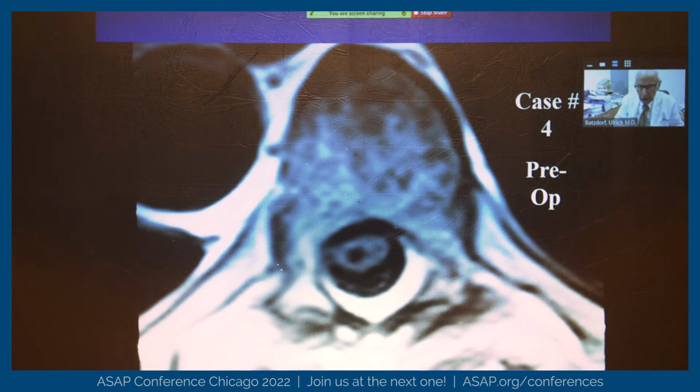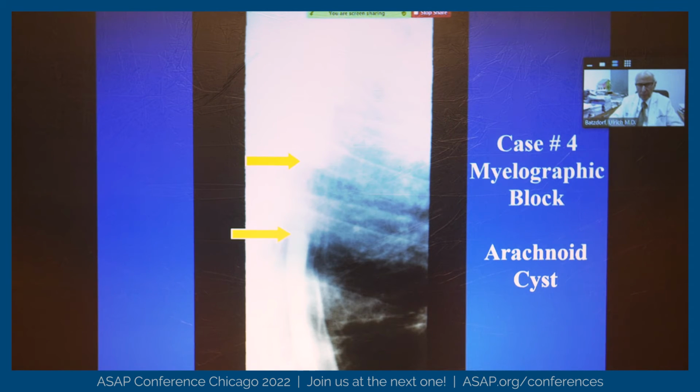Here, in contrast to the residual central canal, you can see that this is slightly irregular and it is not in the center of the cord. Again, the obstruction to contrast on myelogram, and this defines the arachnoid cyst.